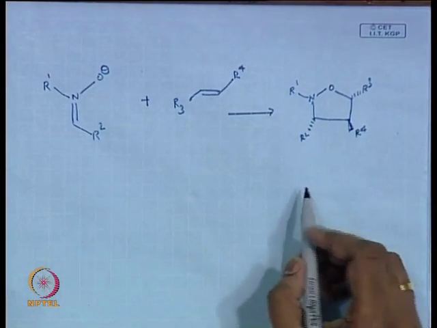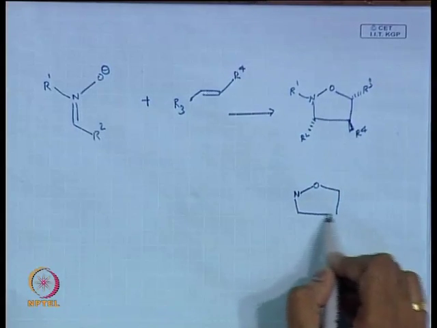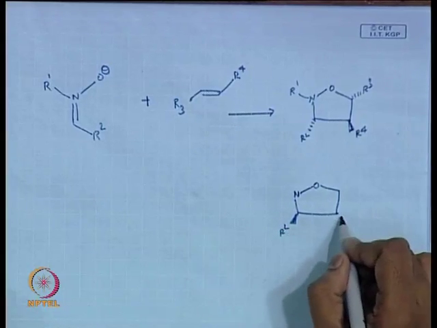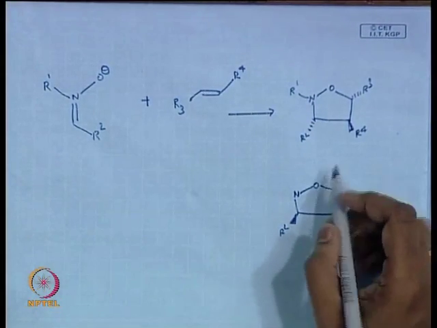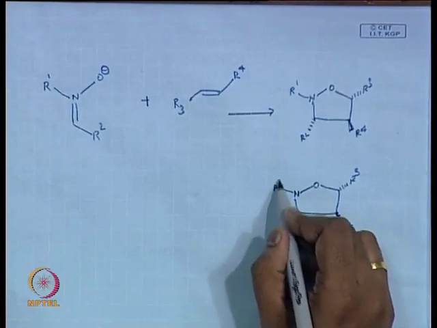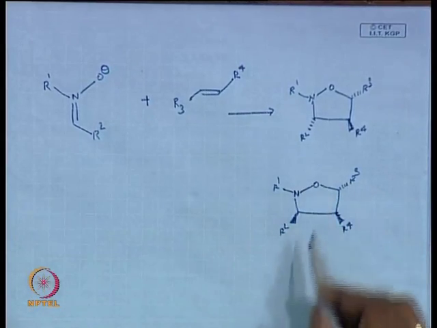So, there is another product I can think about, I can write as R1 with R2 similar to your R4, right. That should be your R3 and R1. So, you can write two products, right.